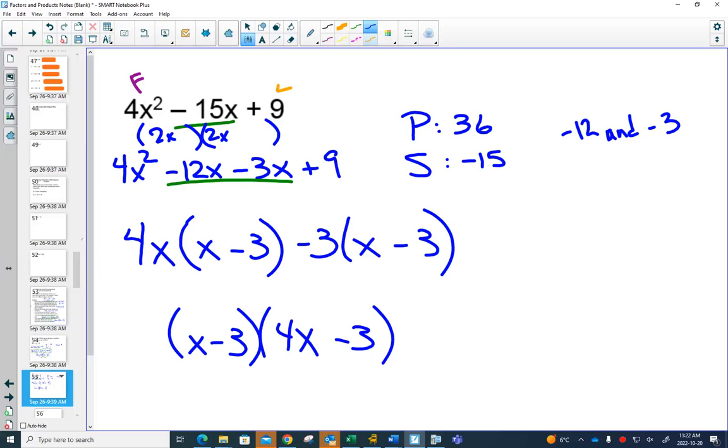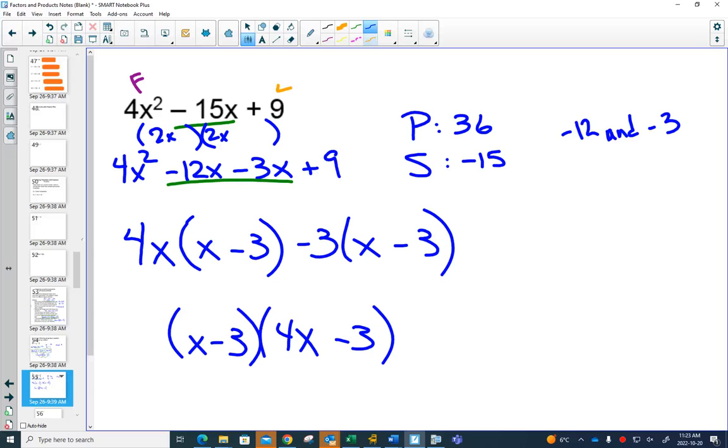What could you put here? 3 and 3. You have to do a lot of mental math quickly. If I put 3 and 3 here, do you see my outside, inside makes 6 and 6 doesn't make 15. So I could do 9 and 1. 9 and 1 would give me 18 and 2. That also doesn't give me 15.